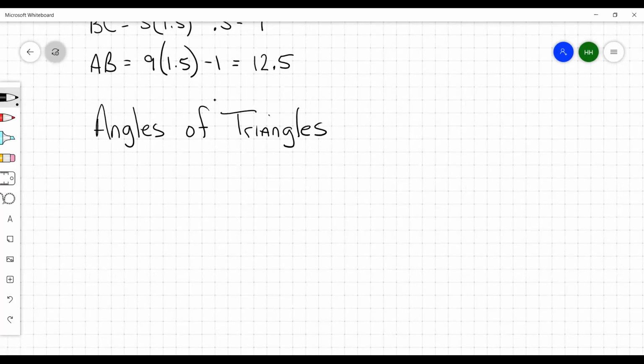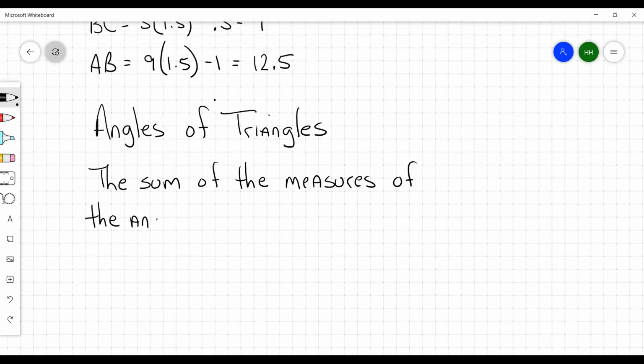Angles of triangles, and we're going to say the sum of the measures of the angles in a triangle is 180 degrees. The sum of the measures of the angles in a triangle.